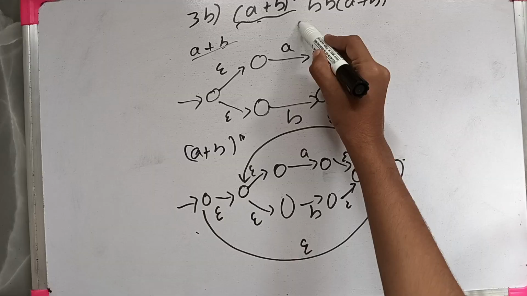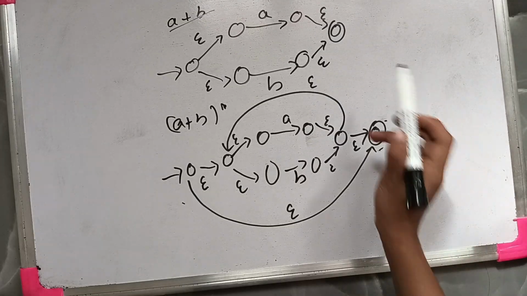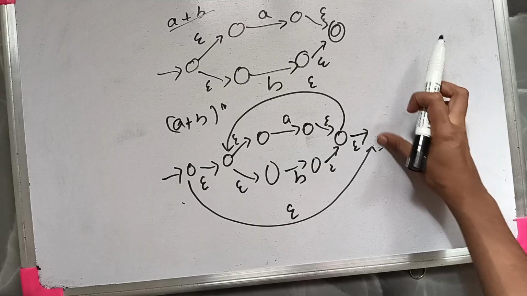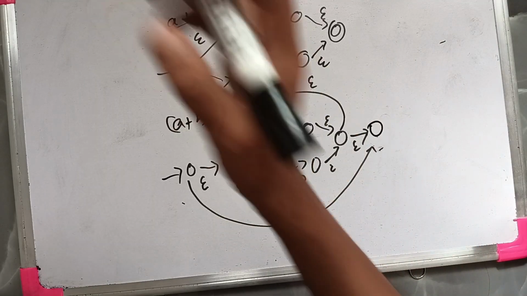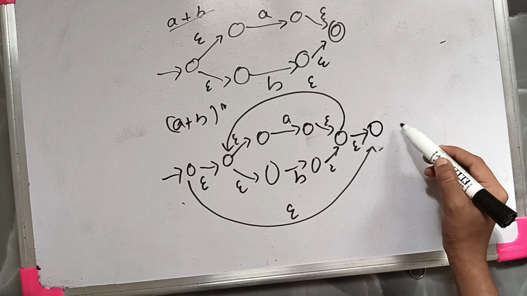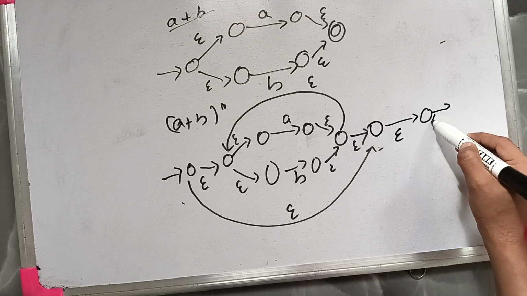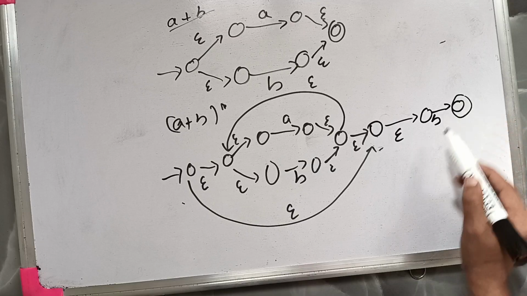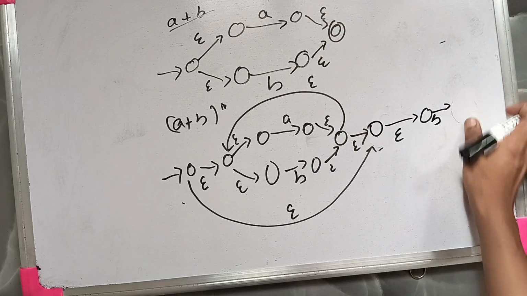Next we need to multiply B here. How we multiply, I will write in this case only. Here is my (a + b)*. For this I need to multiply B. So with the help of epsilon I multiplied B. Next one more B, B also is multiplied here.